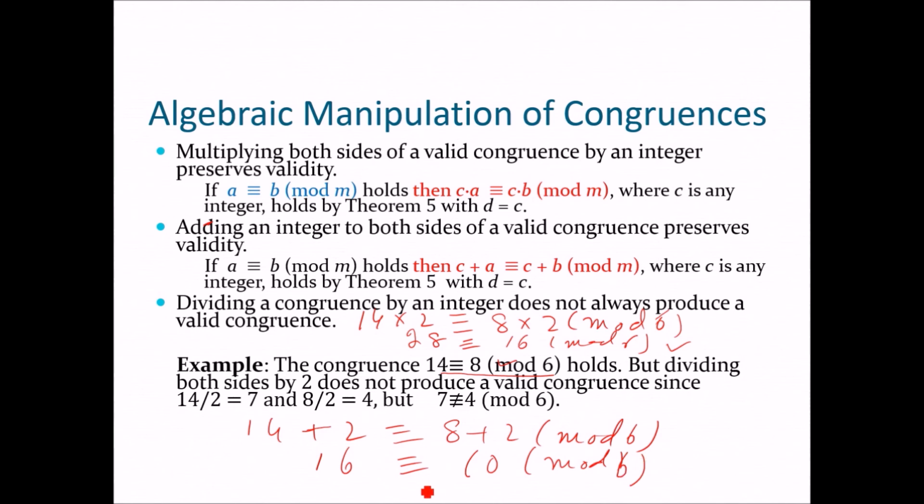Now for division, let's divide this congruence relation by 2. It does not produce a valid congruence relation, as 14 over 2 is 7 and 8 over 2 is 4. Now 7 minus 4 is 3 and 6 does not divide 3, so 7 is not congruent to 4 mod 6.